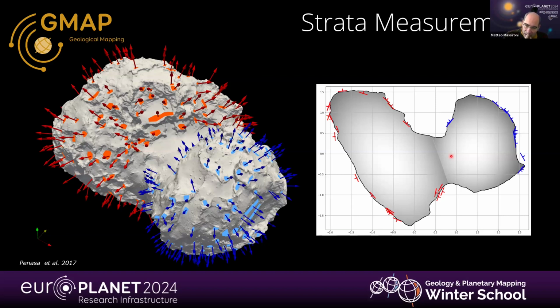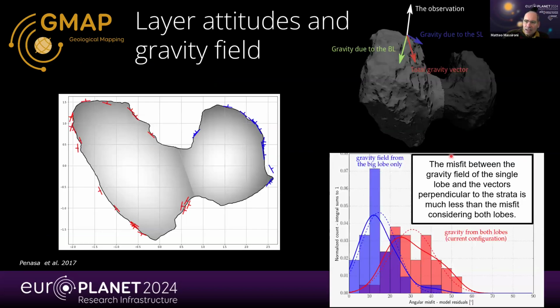And in particular, we can use the attitudes, the orientation of the stratification, as a function of the gravity vector. And indeed, if we have two lobes, we would have a total gravity vector that could be the contribution of the gravity of the two lobes, and a gravity vector considering a single lobe, okay? So in this case, we would have this gravity vector for the big lobe, and for this point, this could be the gravity vector of the small lobe.